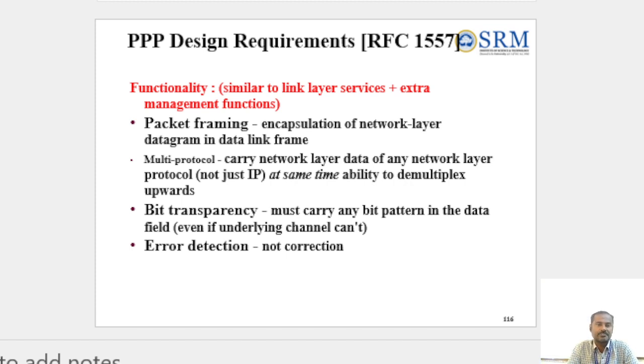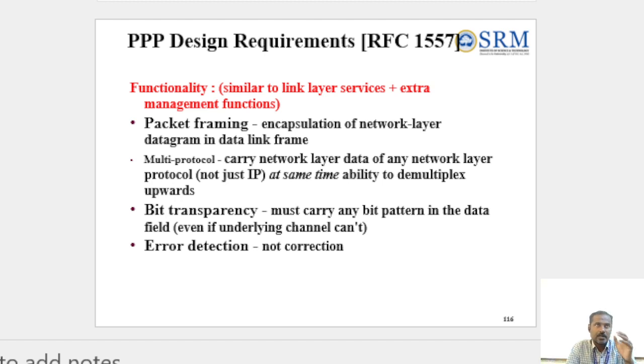Normally the work of PPP includes packet framing, that is encapsulation of network layer datagram in the data link frame. Then multi-protocol, that is it carries network layer data of any network layer protocol at the same time. It also provides the ability to demultiplex it when it is going upwards.